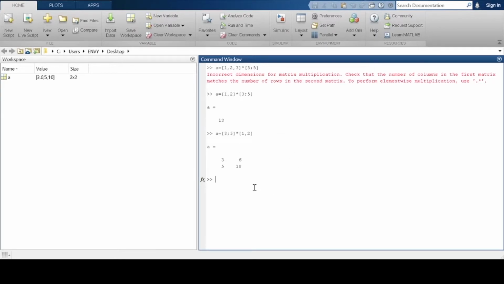So there's another way of getting an outer product by using a function called bsxfun. So I'll shortly tell you what it exactly does.